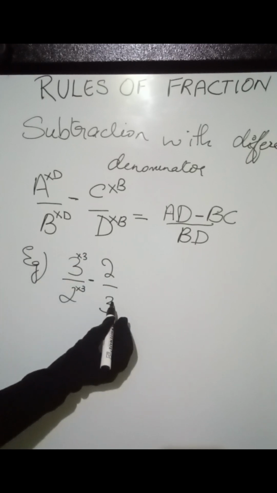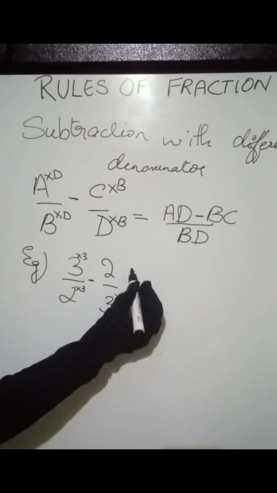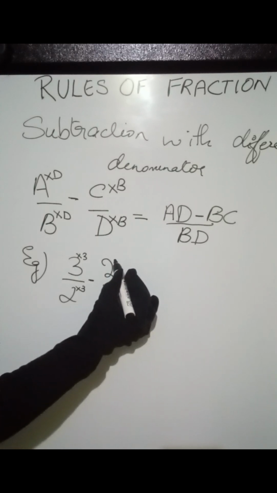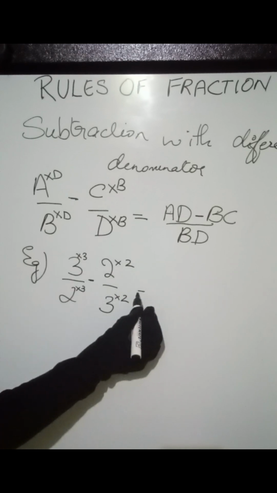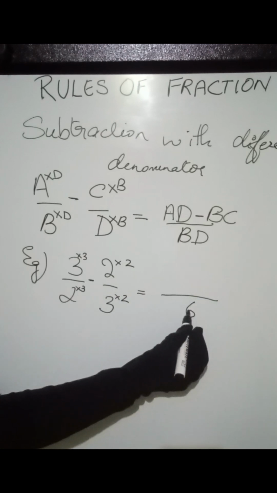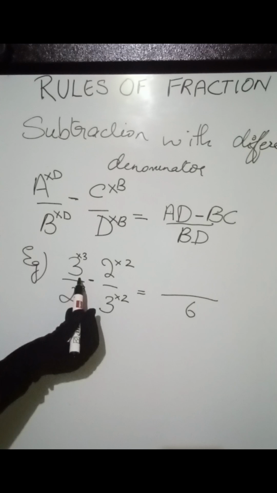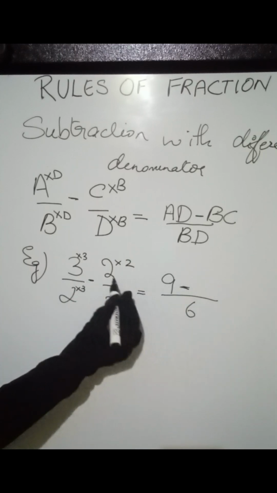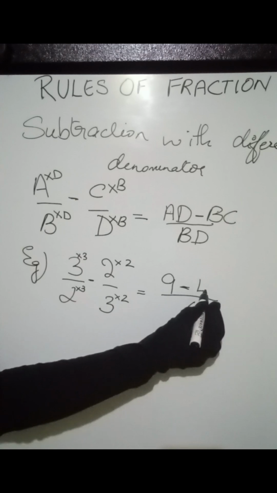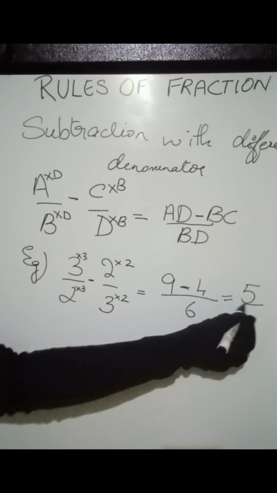Here the denominator 3 will be multiplied by 2 and the numerator 2 will be multiplied with 2. By doing this, you will get a common denominator 6. And the numerator, since it's been multiplied with 3, here you will get 3 into 3 is 9 minus 2 into 2 is 4. It's nothing but 5 by 6.